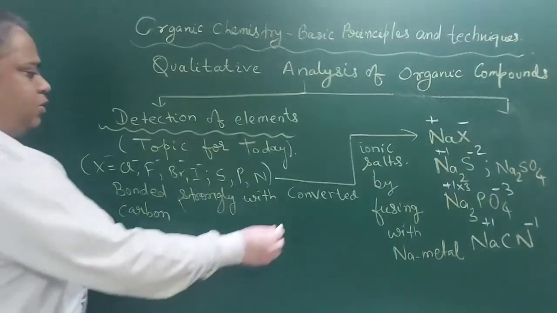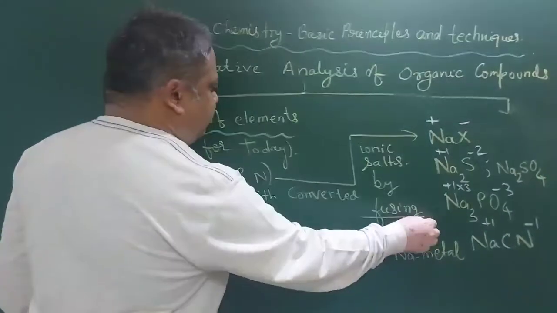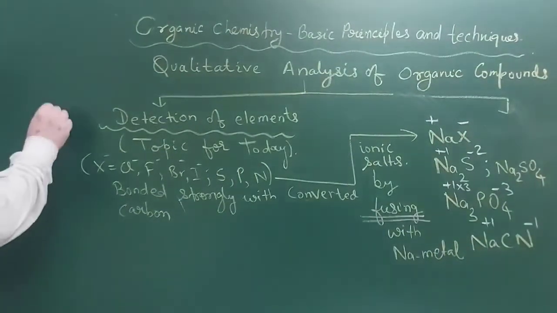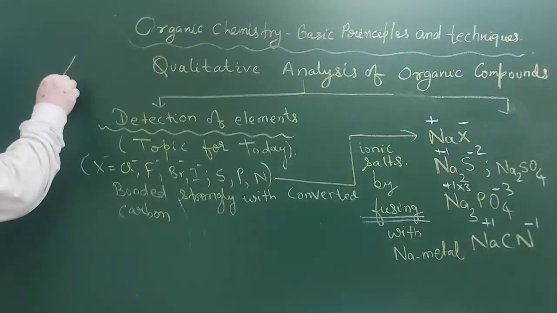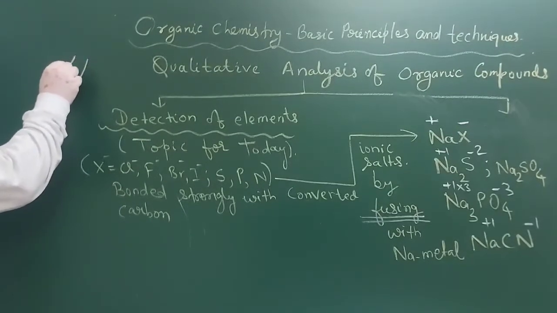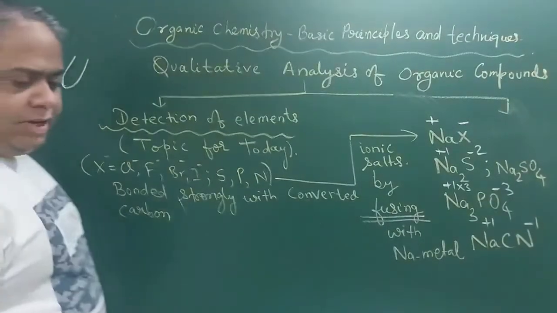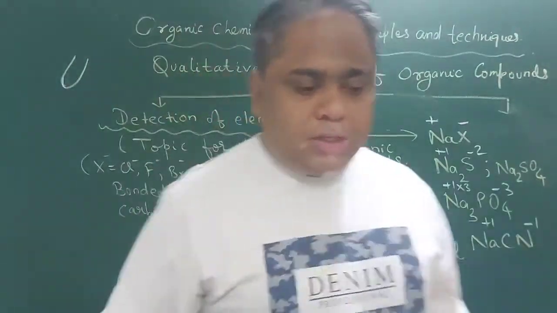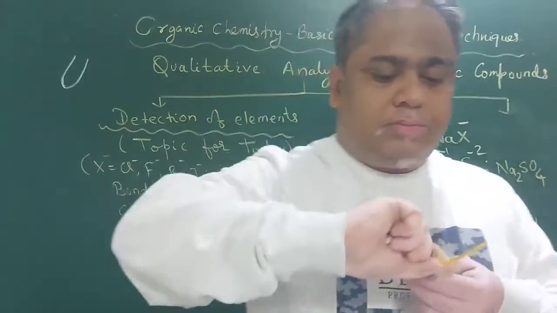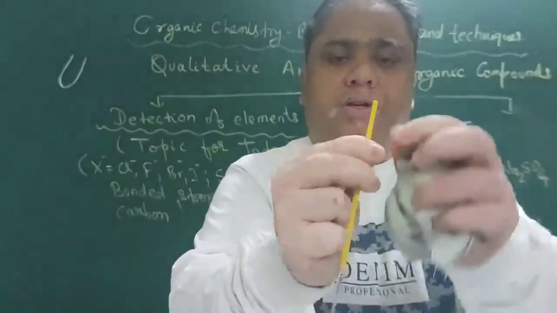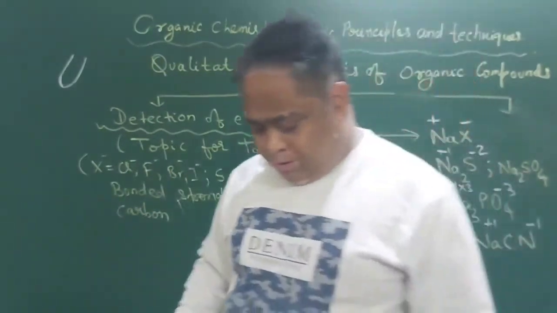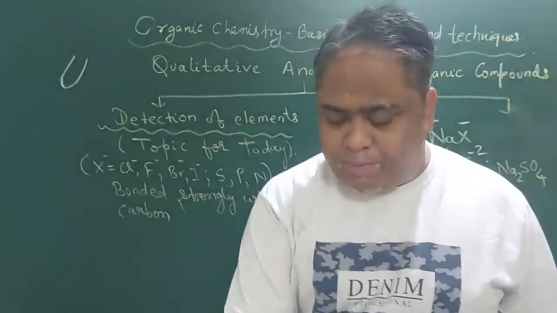Now the process by which we do it is called fusion. How do we do it? We take a very small fusion tube. This fusion tube is not like a test tube. It is very small, just about the size of a matchstick.